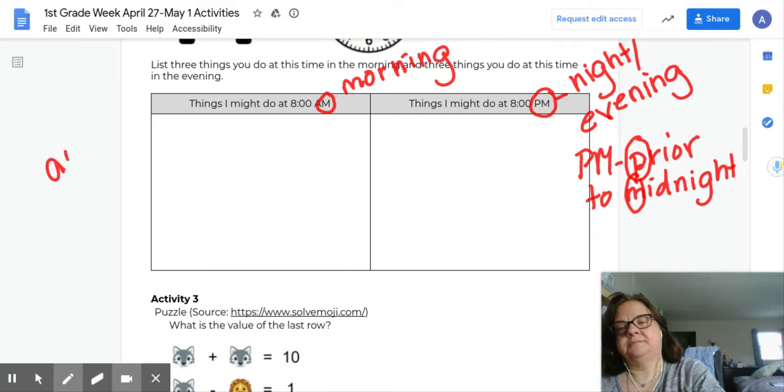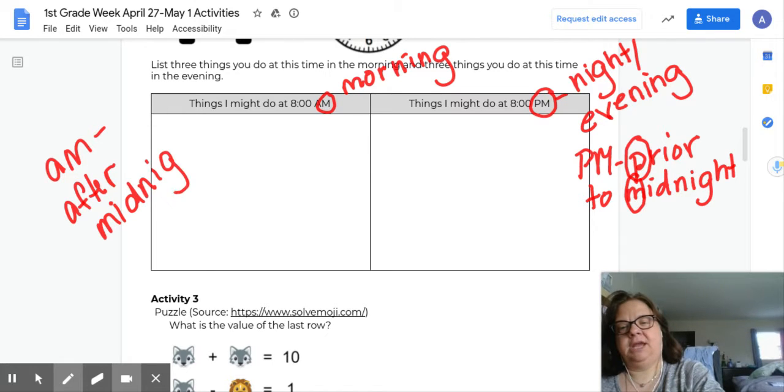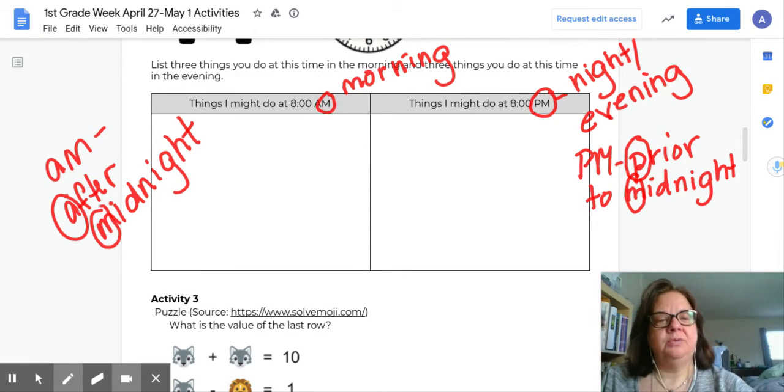A.m. stands for after midnight. That is where you get AM and PM. You look at the A and the M and you think after midnight. When you look at the P and the M, you think prior to midnight, or before midnight.